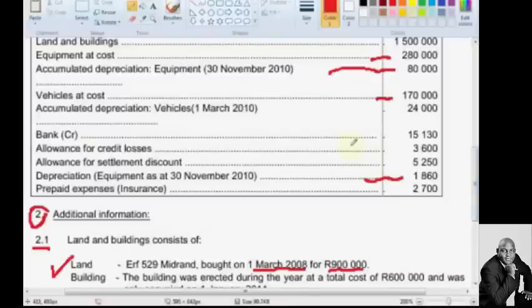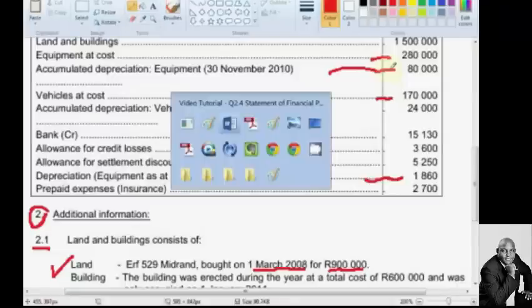So let's go back to our trial balance. It's going to be the equipment. Equipment, it's going to be 280,000 minus 80,000.